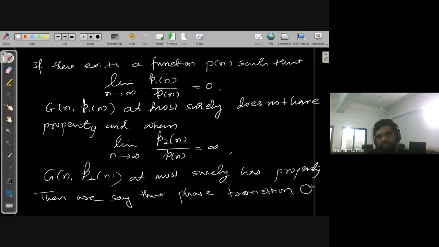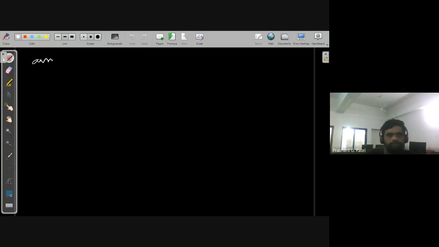So this is the definition of phase transition. And the value p which we have here is known as the threshold value for that property. And p_n is the threshold.